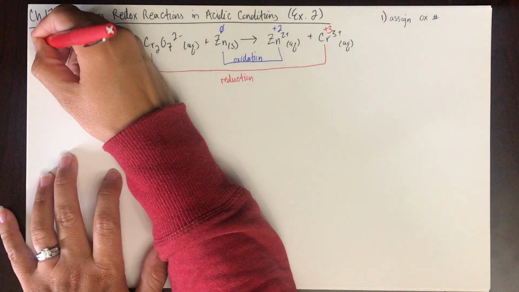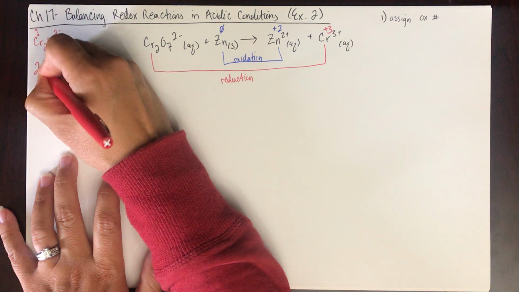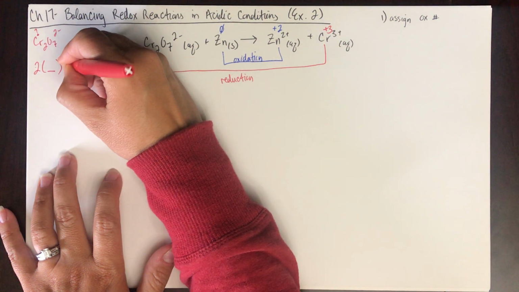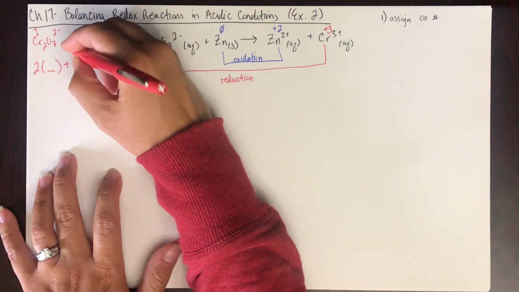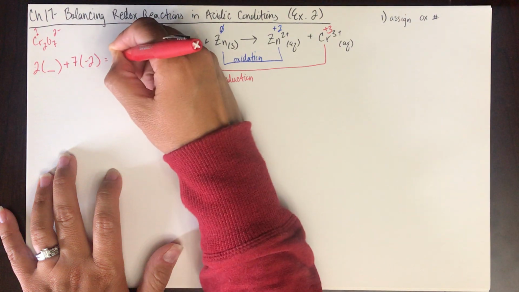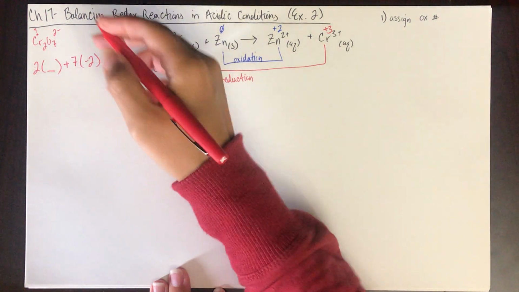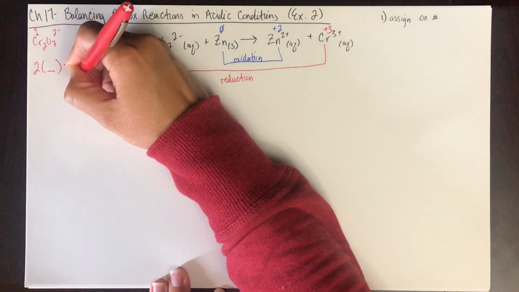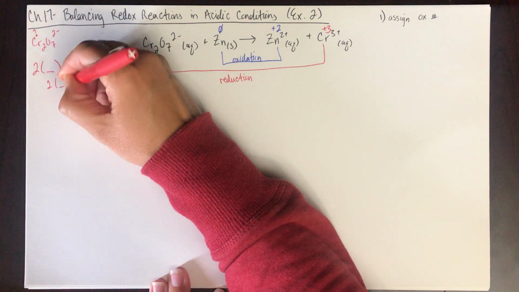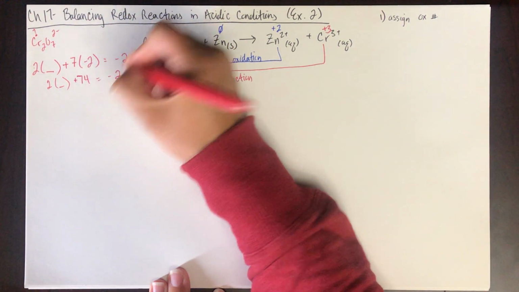So chromium is what we don't know. 2 times something, whatever chromium is, plus 7 times -2 equals -2. 7 times -2 is -14. 2 times something plus -14 equals -2.